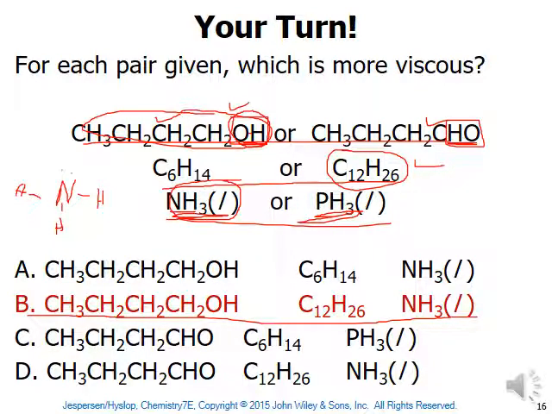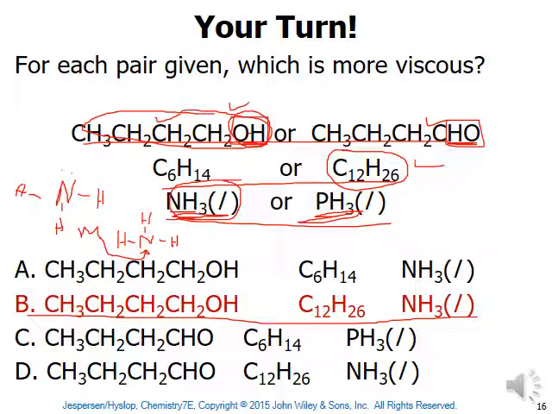This is ammonia. It has 3 bonds and 1 lone pair. This right here, phosphorus trihydride, looks the same, but has a P right here. Now, this guy here can form a hydrogen bond with another ammonia. So what you have here is this H should be connected to this N here, right?